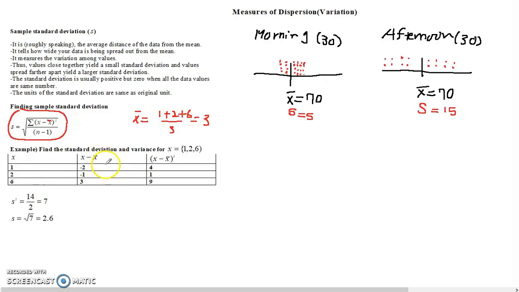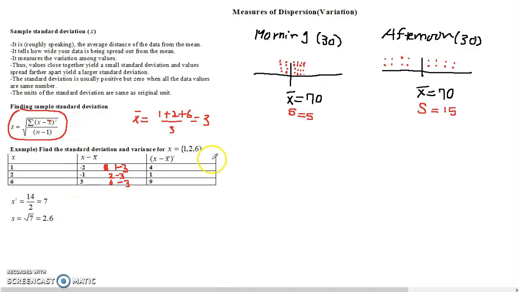The first one was 1 minus 3, and that's how we got negative 2. Then the next one was 2 minus 3, then 6 minus 3. So that's how we got minus 2, minus 1, and 3.